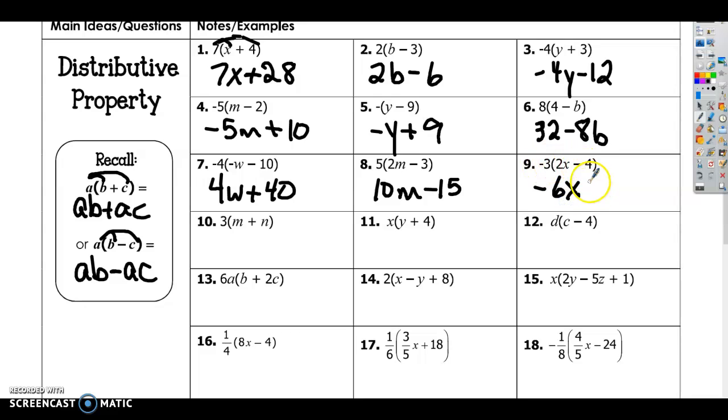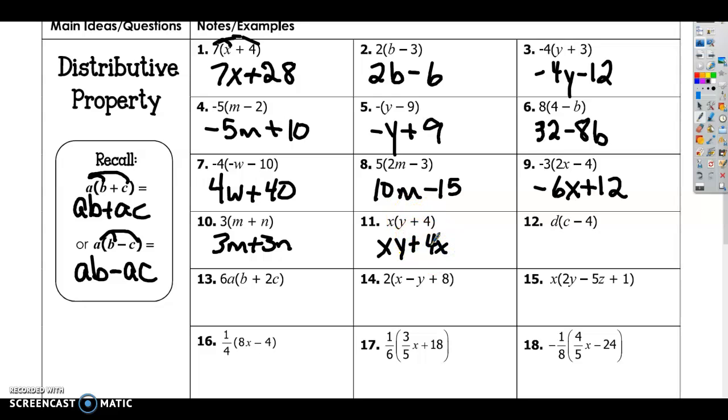A negative times a negative becomes a positive 12. Number 10 is 3m. 3 times m, and 3 times n.